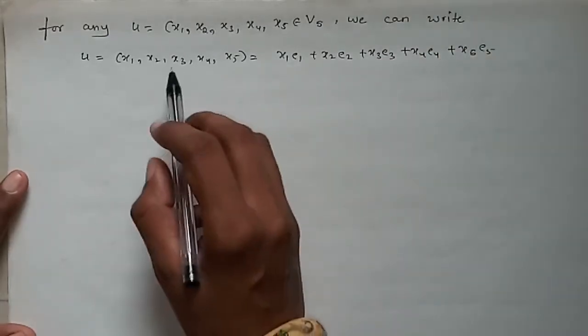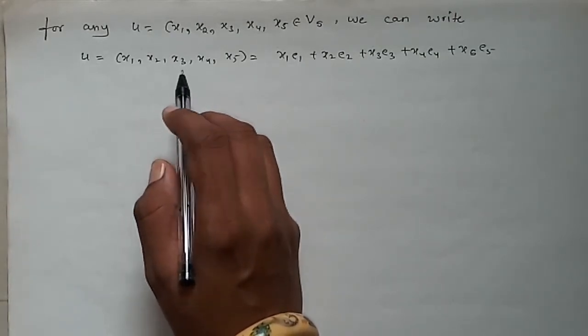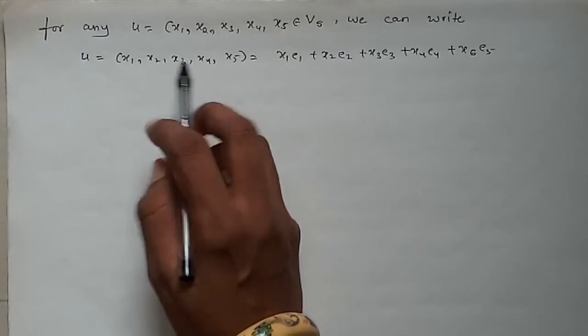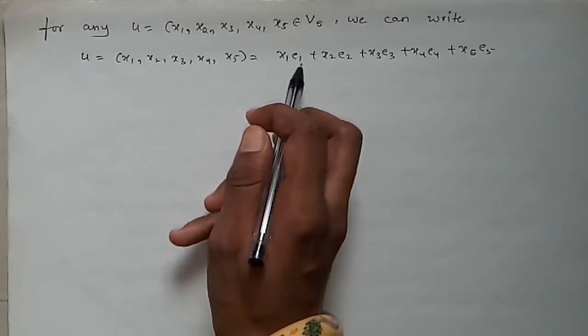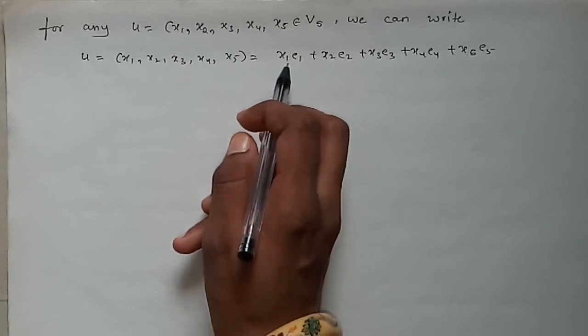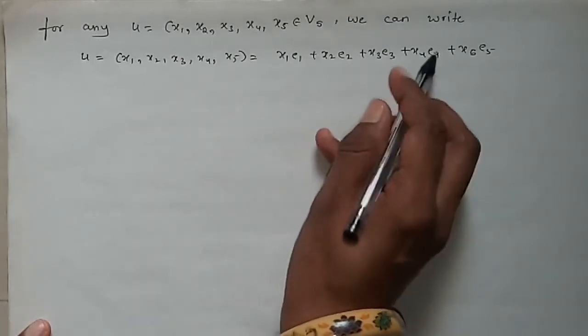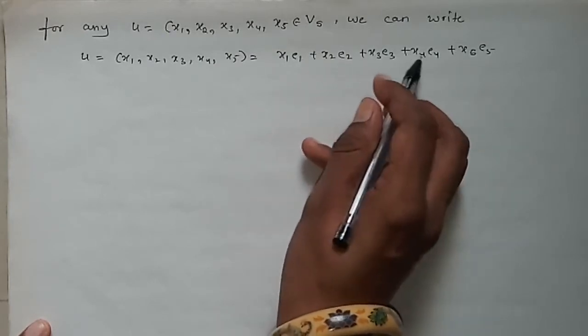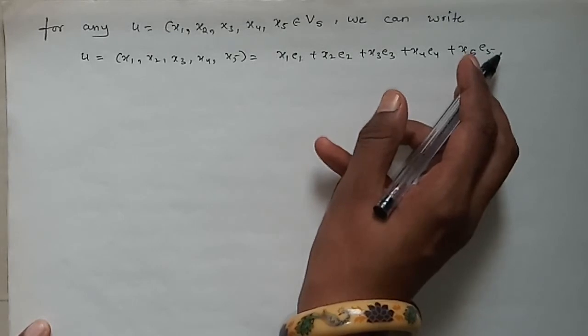I can write this because our V5 is a vector space. So this element can be written as a linear combination of elements of the standard bases. E1, E2, E3 are our bases.